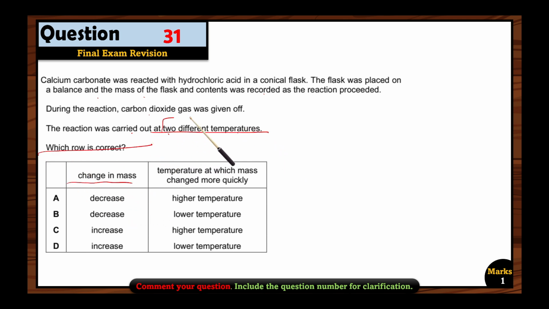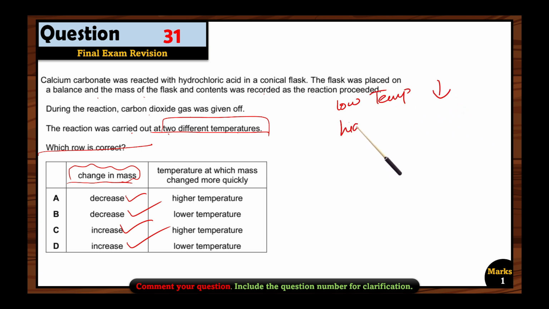So if there are two different temperatures they are using, will the change in the mass be higher or lower? Of course, the change in the mass can decrease and also increase. If you are using a low temperature, it can decrease, right?